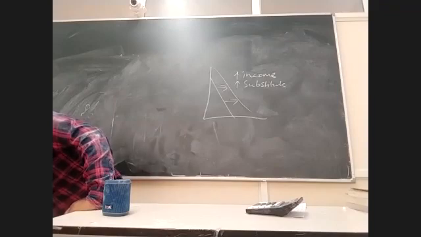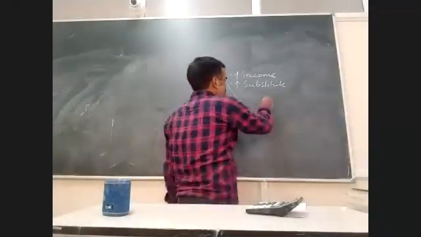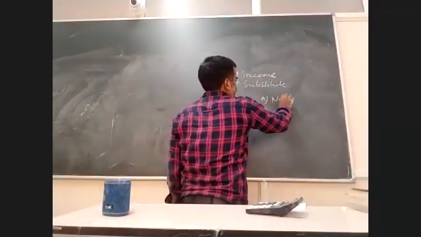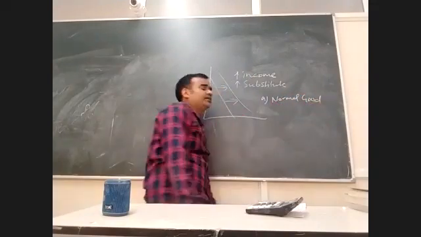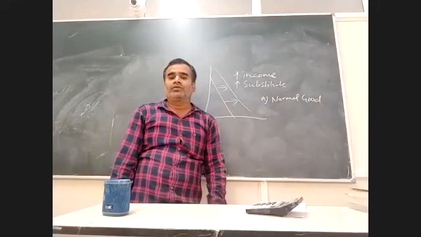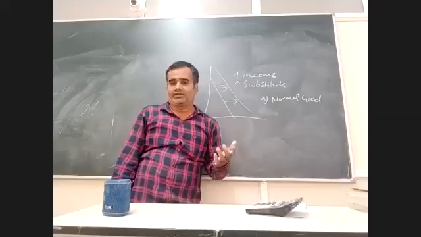Leftward shift. See, option A is talking about normal goods. In case of normal goods, what will happen? Increase in income will increase demand.